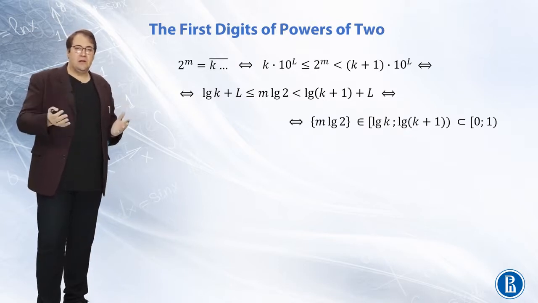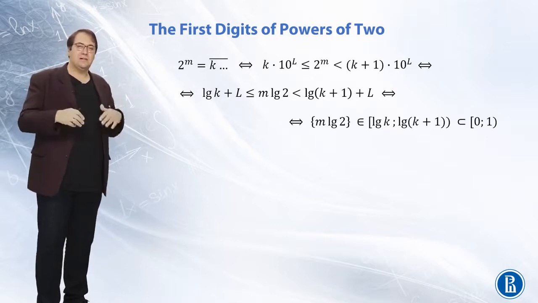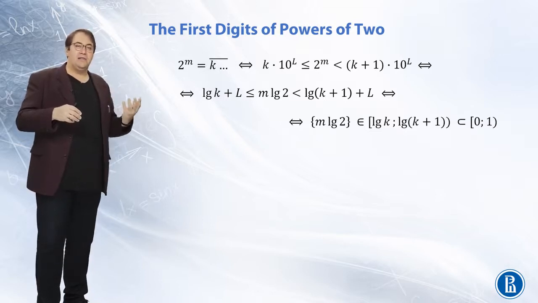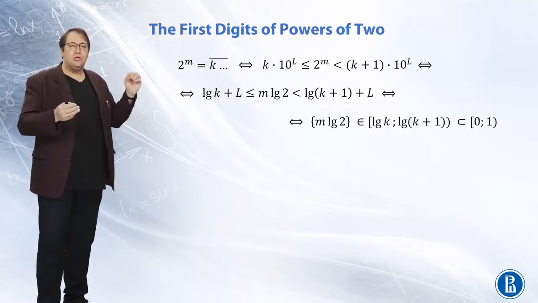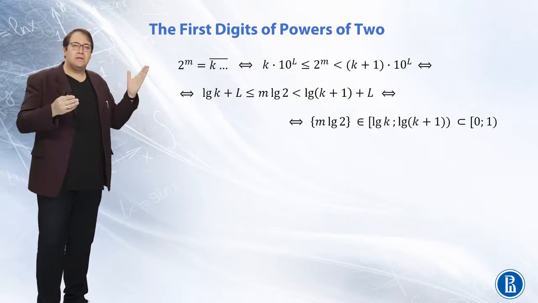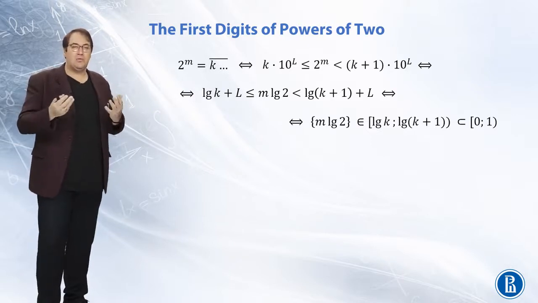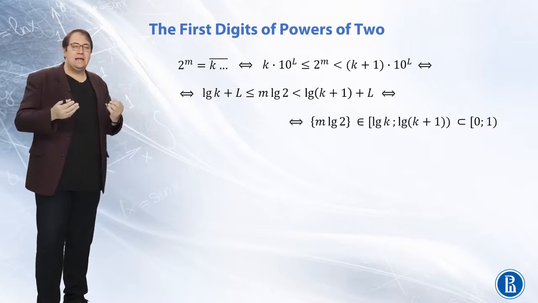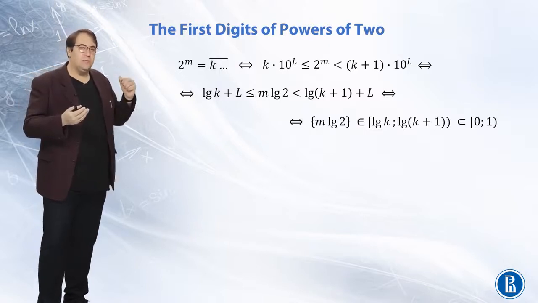On the first line, you see inequalities: 2 to the power of m is greater than k multiplied by some power of 10, which simply represents a number of the form k00000, and 2 to the power of m is less than k plus 1 multiplied by the same power of 10, which means that 2 to the power of m is less than (k+1)00000 and so on.